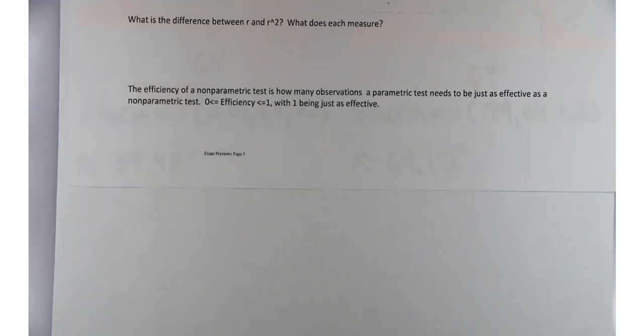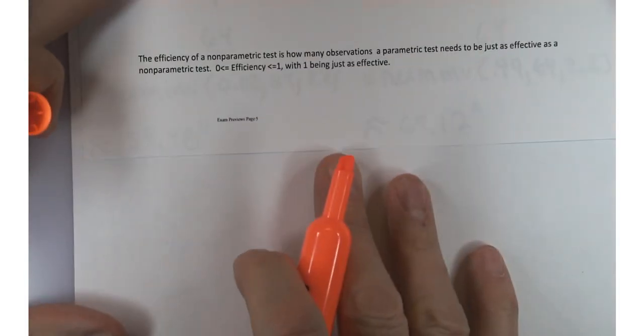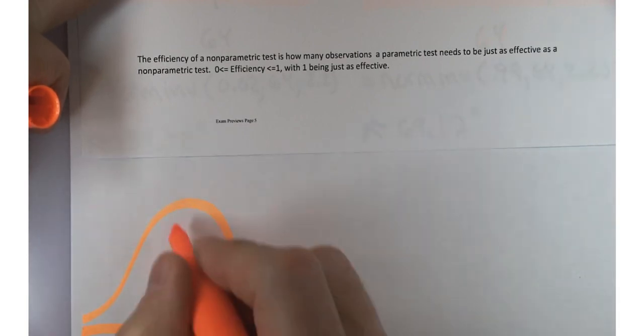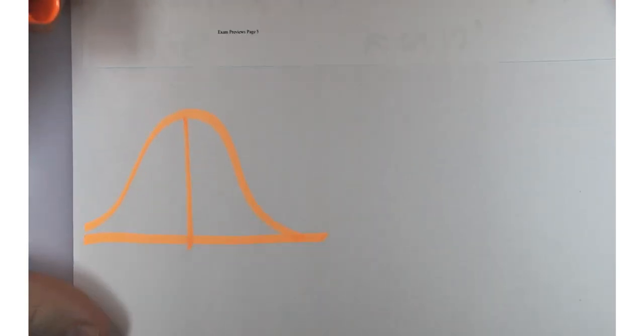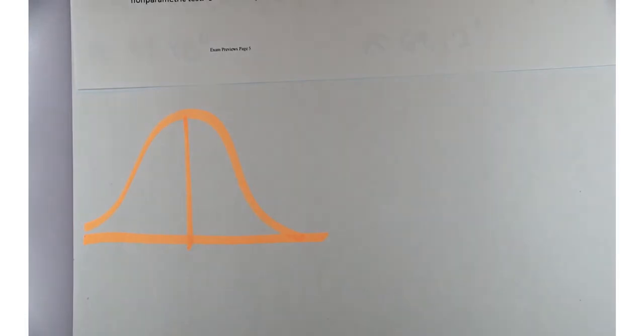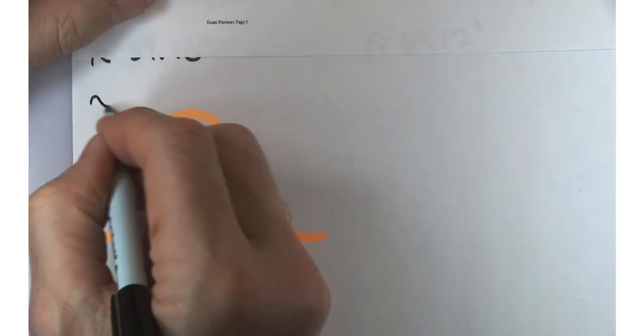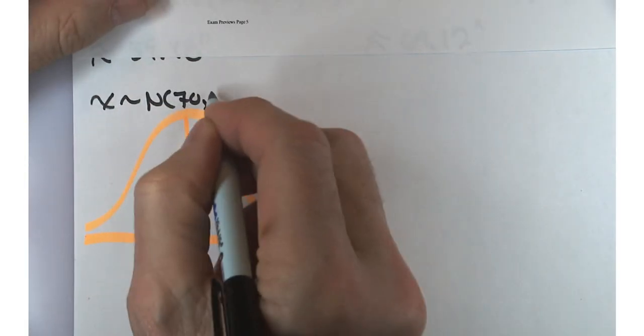Okay, so let's draw this. So here's kind of like the part A to this. And when I draw these, I'm not trying to draw them to scale in any way. I'm just trying to draw a nice basic distribution. So this is going to be X is distributed normally with a mean of 70 and a standard deviation of 3.